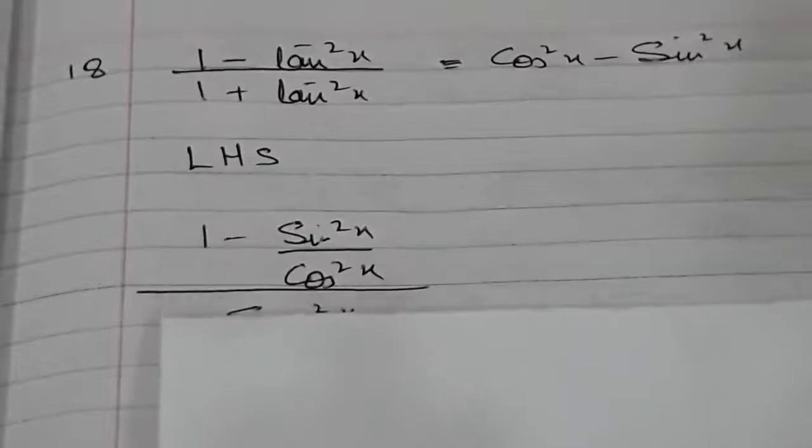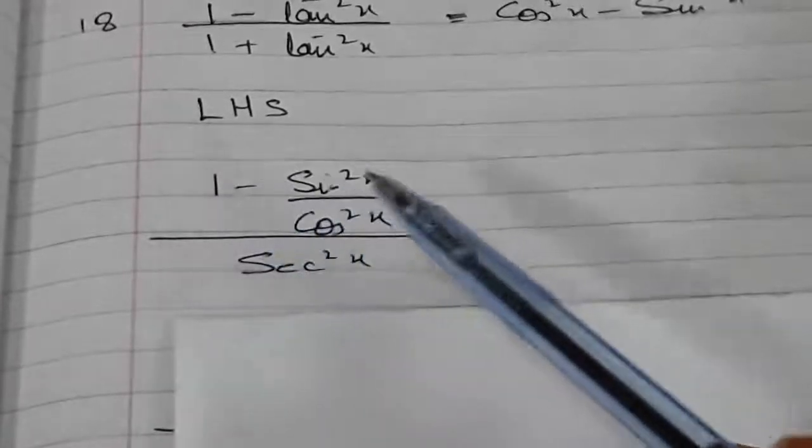Sec square x, which I have just applied in the previous question. Right? Now in the numerator, I will take LCM here. So it will become this. Okay? And in place of sec square x, what can I write? Do you remember the identity? Yes, 1 over cos square x.